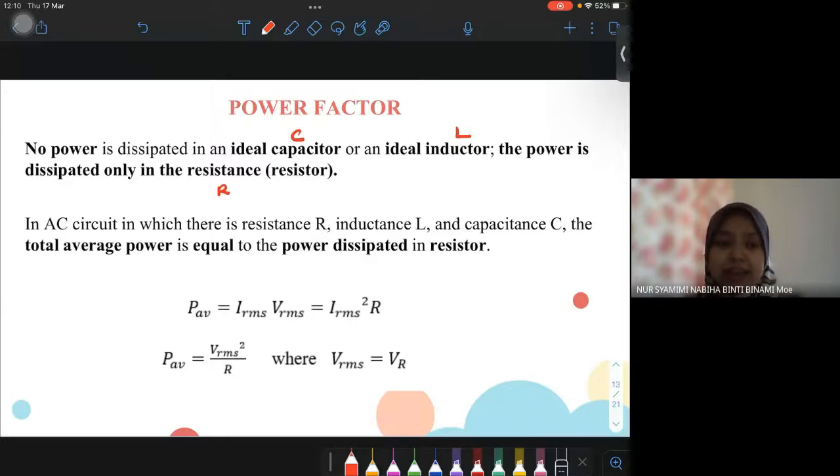So in an AC circuit in which there is resistance, inductance and capacitors, or an RCL circuit, the total average power equals the power dissipated in the resistor. So for an RCL circuit, the power lost is only in the resistor and the equation for P average is the same as the pure resistor.